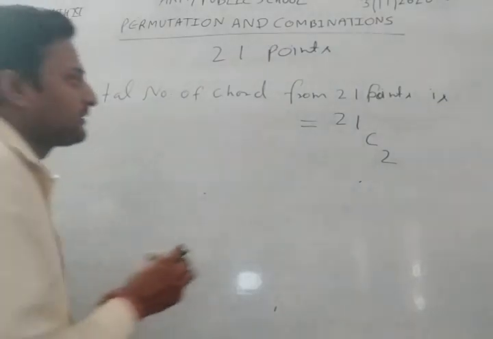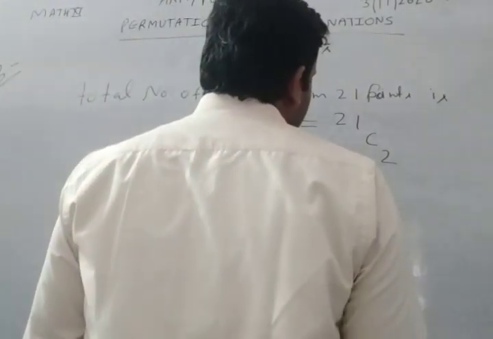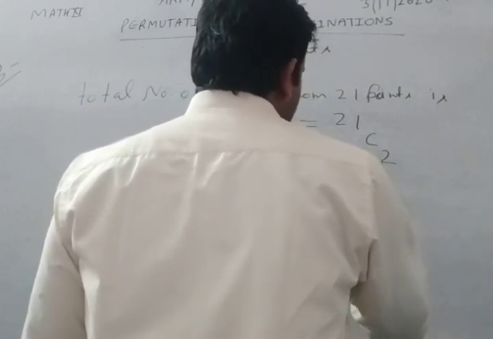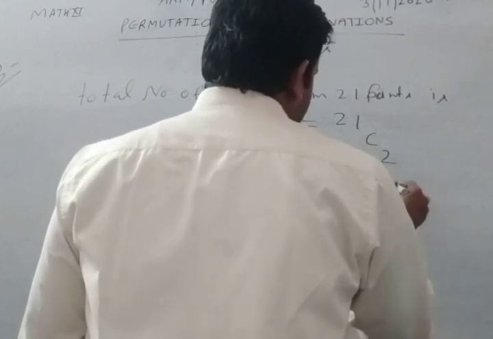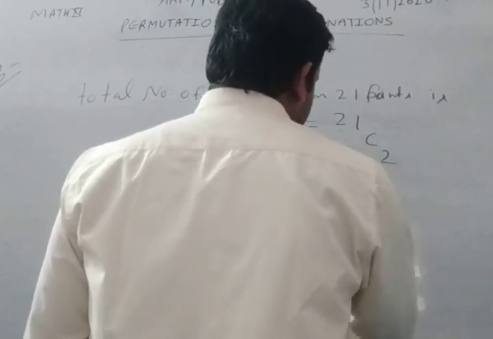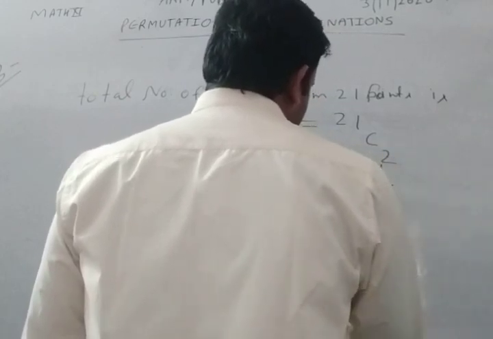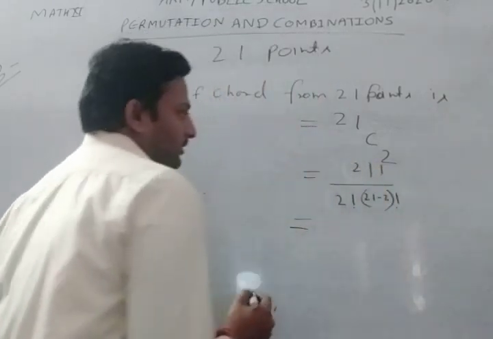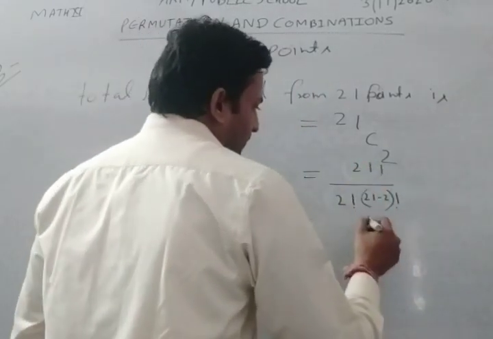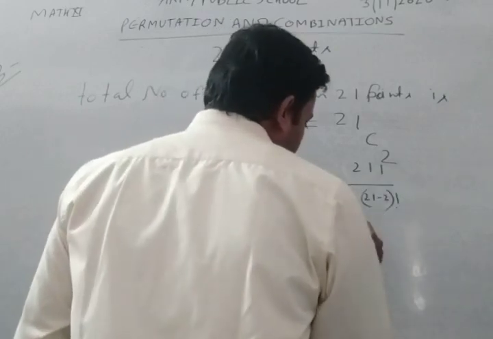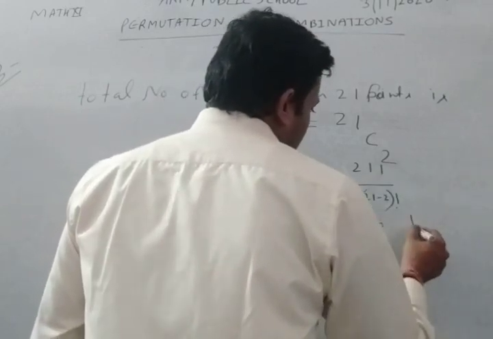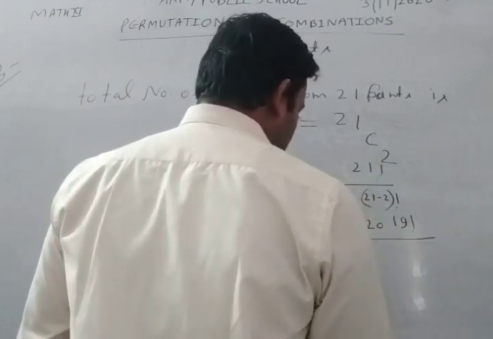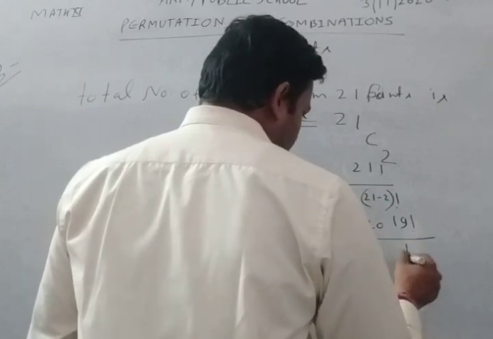Now we will expand this. We get factorial 21 divided by factorial 2 and divided by factorial 21 minus 2. So we write factorial 21 as 21 into 20 into factorial 19, and this is factorial 2 and this is factorial 19.